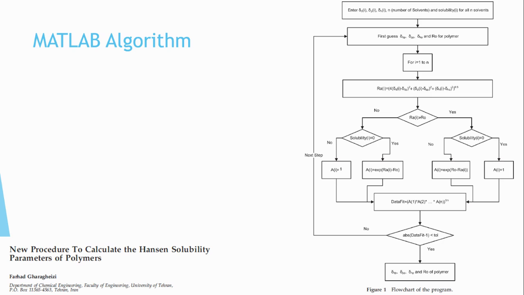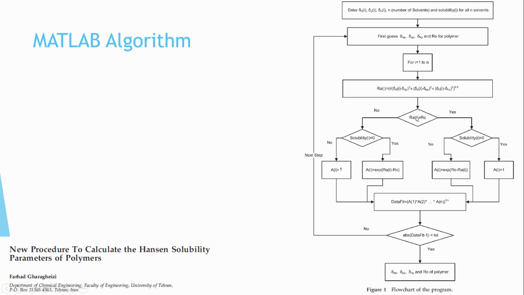It follows the following pattern. If the RA of the solvent is greater than 1, or if the RED is greater than 1, then the solubility value for that solvent should be equal to 0. If the solubility value is 0, a value of 1 is outputted, and if the solubility value is not 0, then a penalty value is created of e to the power of the difference of the RA and RO values.